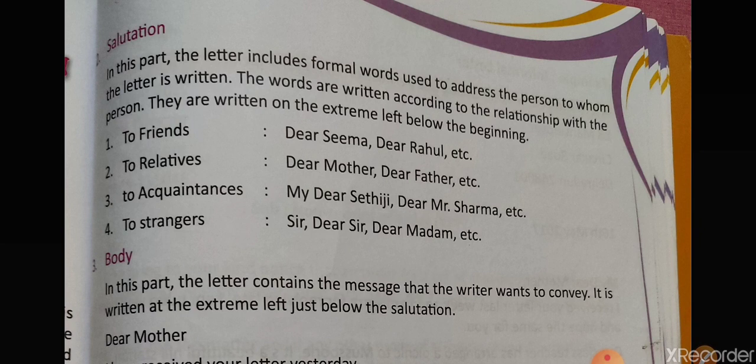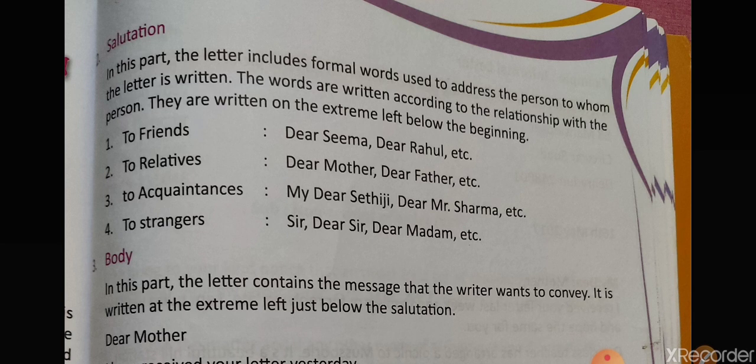And the third one is the body part. In the body, we write the matter, the reason for which we have written the letter. And the last one is the ending. In the ending, you have to write the final leave-taking words. For example, yours sincerely, yours faithfully, yours truly, yours affectionately, your loving son, your loving daughter.